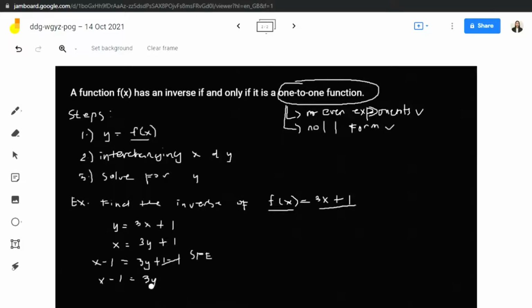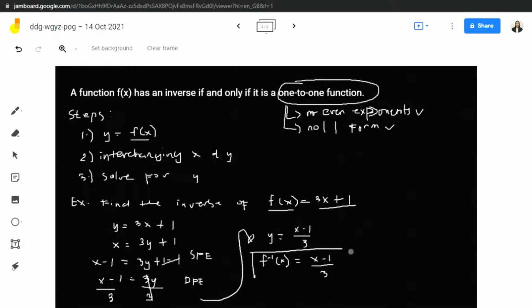Still, we have 3 in here, so we can use the division property of equality to eradicate 3 from both sides. Now this gives us y equals x minus 1 over 3. Rewriting this into its inverse form, we have f inverse of x equals x minus 1 all over 3. Now this will be your final answer.